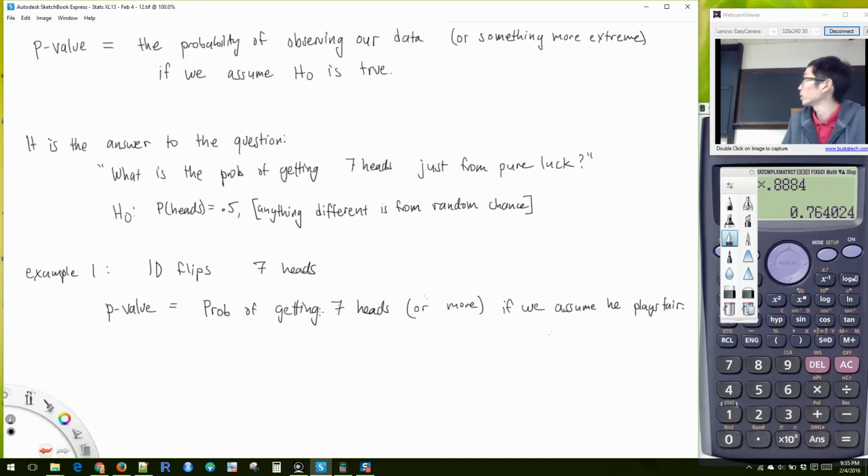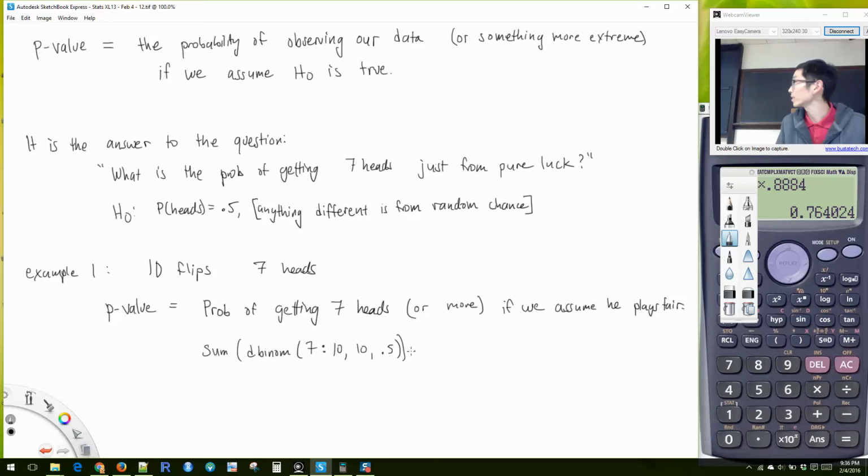Okay, do we know how to answer this? This would be 10 choose 7, 0.5 to the 7 times 0.5 to the 3, right? Plus 10 choose 8, plus 10 choose 9, plus 10 choose 10, right? All of those, okay? Or I could do this with sum of dbinom 7 through 10 of 10 comma 0.5.